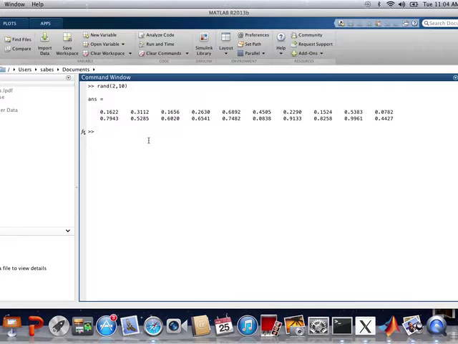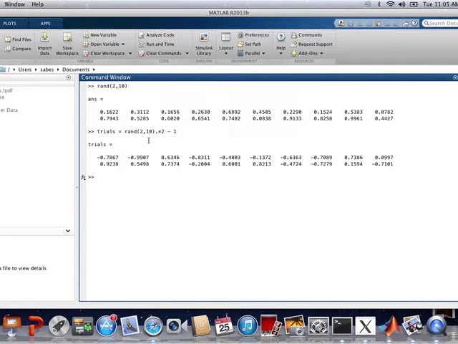So let's store this new distribution into a matrix called trials, given by rand(2,10), and we want to multiply each element of this array by 2, and the starting point is -1 instead of 0. Then we have this new distribution, which is between -1 and +1.